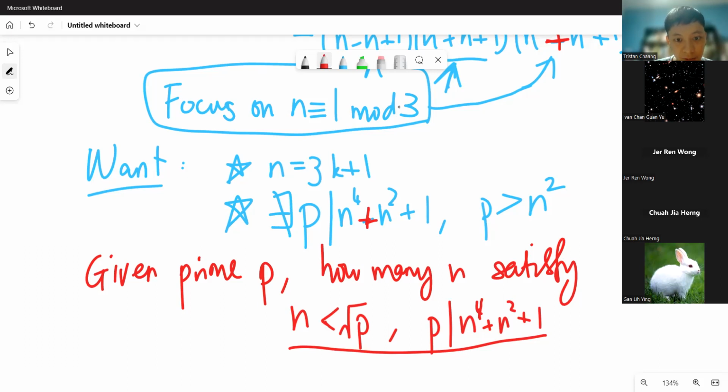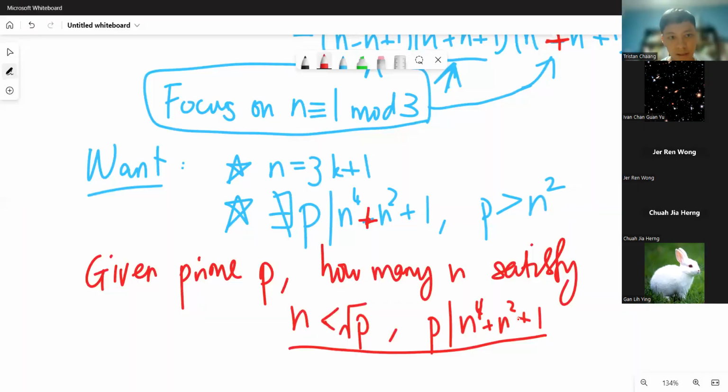Why did the n to the 4 minus n squared? Oh, because I think someone corrected me for my factorization. Hang on, why did my screen go? Okay, here. So the previous one was correct, is it?